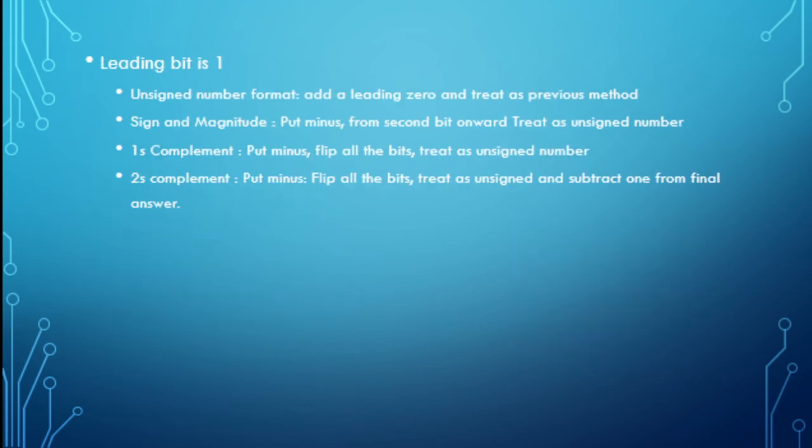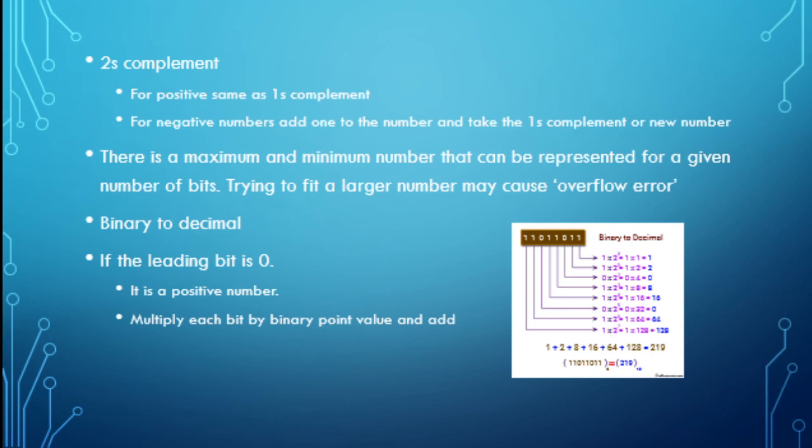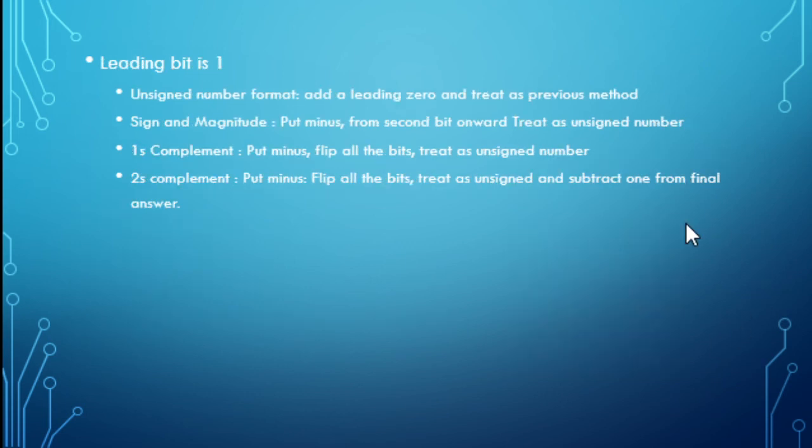If it has a leading 1, that means it can be a negative number, and therefore we need to know which format is used to convert that binary number. If it is an unsigned number, we can simply add a leading 0 and treat it like you have learned in the previous slide, like you see here. Because unsigned numbers must be positive.